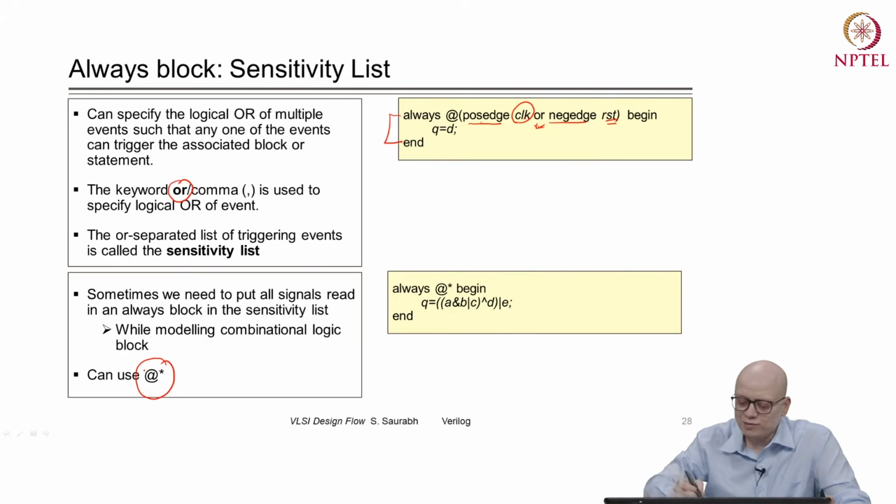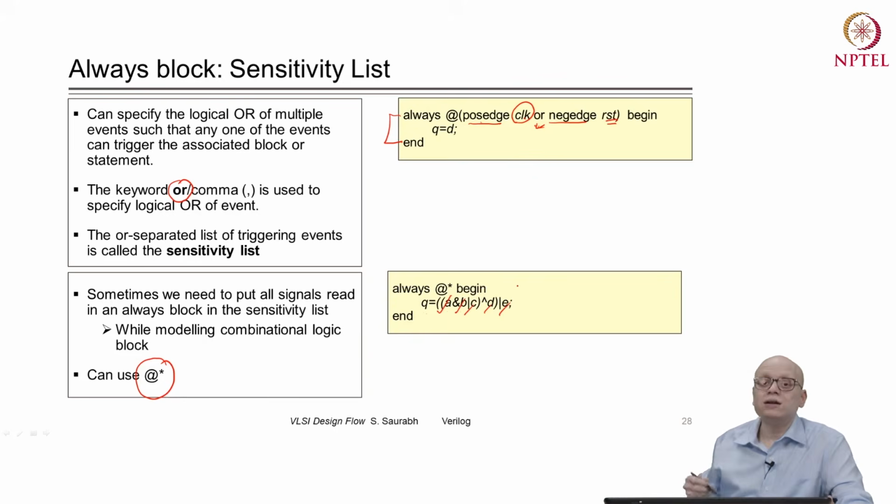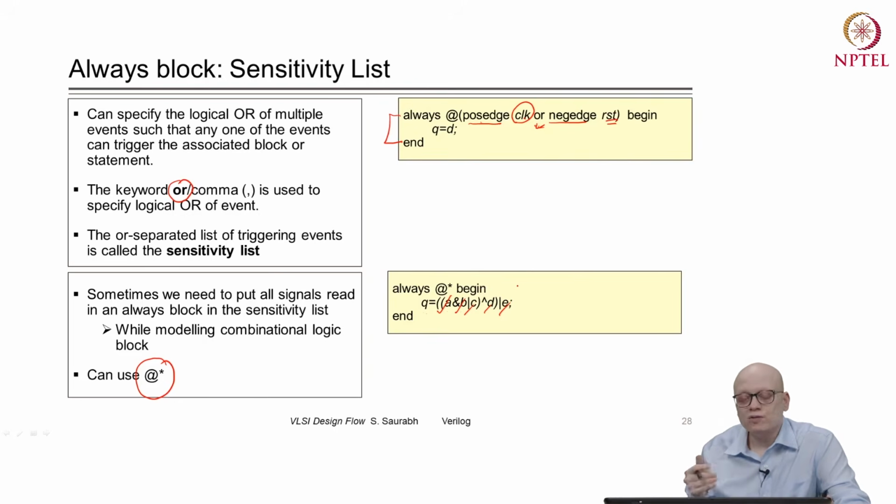For example, if we say always @* begin and in between we write q = a & b | c ^ d | e, then this block will be triggered when any of these signals a, b, c, d, e which are read undergoes any change. If there are lots of such signals, it may be cumbersome to write all of them in the sensitivity list, so in that case we can simply write always @*.